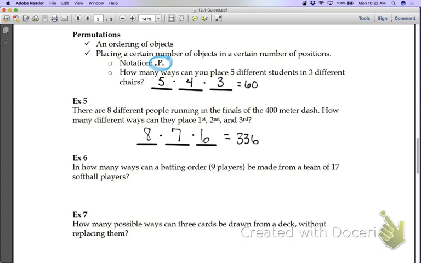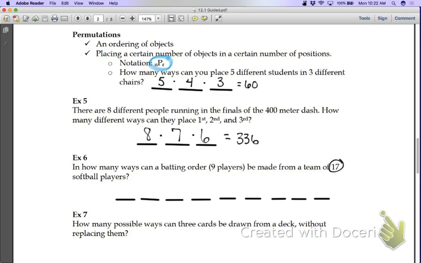Like on 6, how would I set up 6? Like how many blanks am I going to have on 6? 9. Why 9? There are 9 spots, right? So I would have 9 spots and I would just go down from there. We're at 7, 8, and 9. Whatever number that I start with is the total number of people.